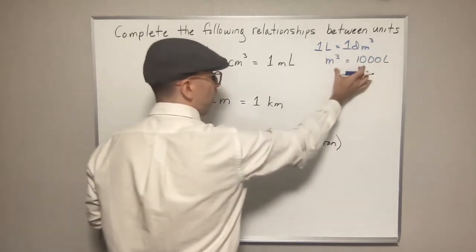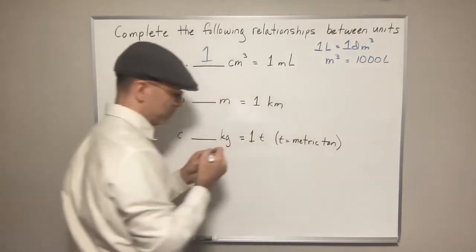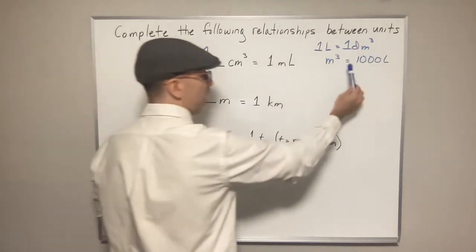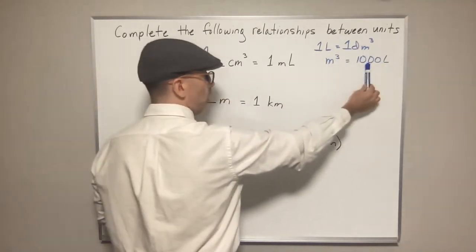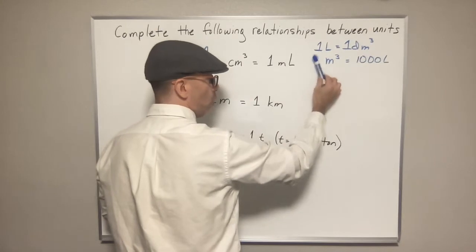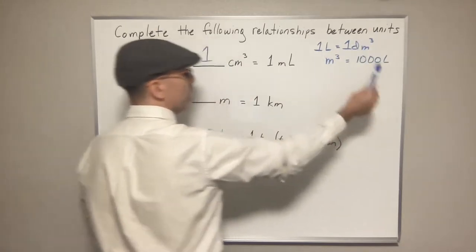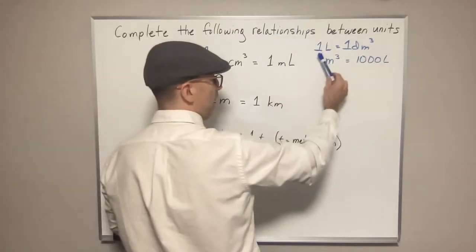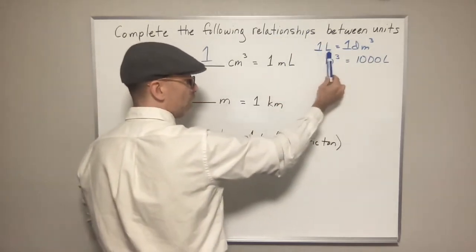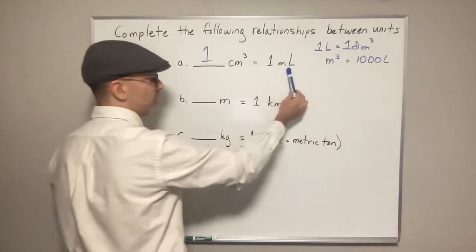So if you follow that pattern, divide this by 1,000, you get 1 liter. Then the 1,000th of a meter cubed is a decimeter cubed. And if you divide that by 1,000 as well, 1 liter is equal to 1,000 milliliters.